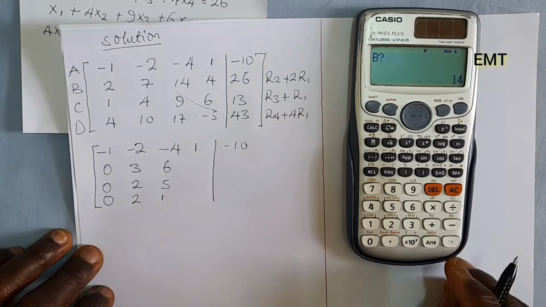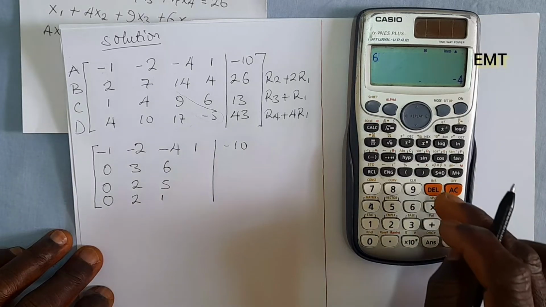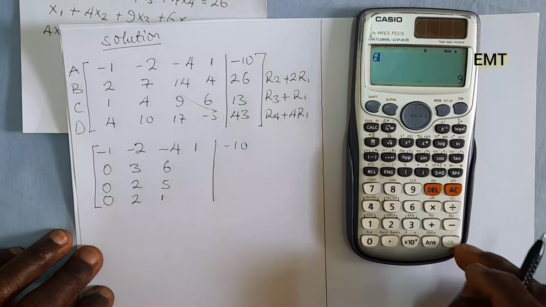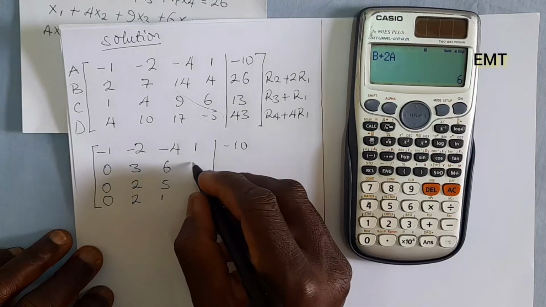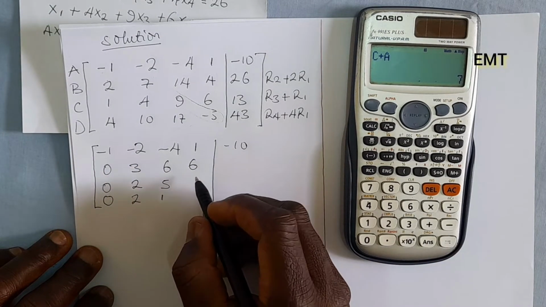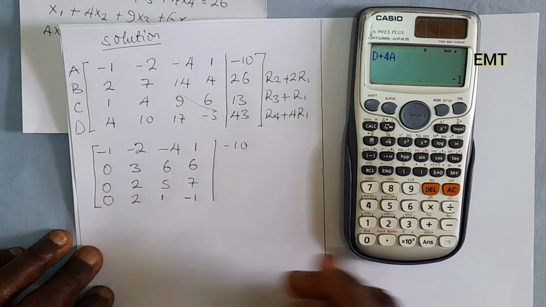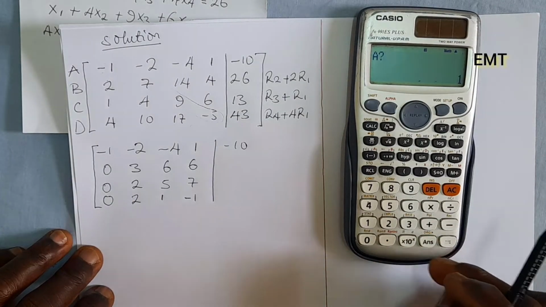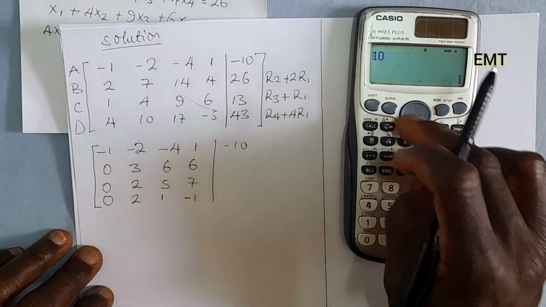We proceed to the next column. B is 4, A is 1, C is also 6, and D is -5. Our B here is 6, C is 7, and our D is -1. The last column, our B is 26, our A is -10 actually.